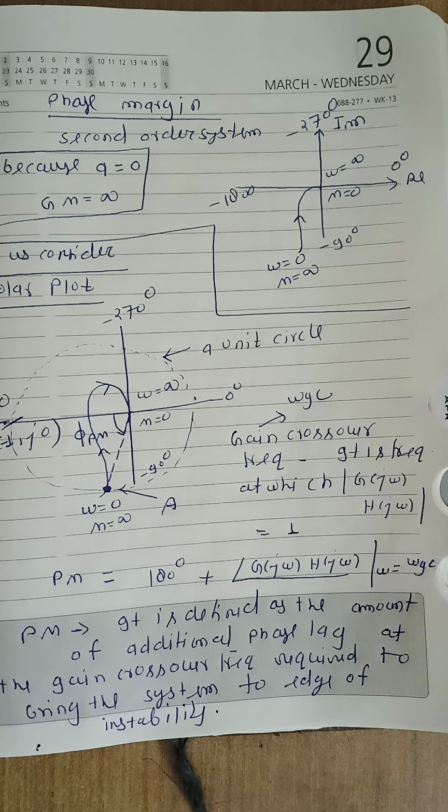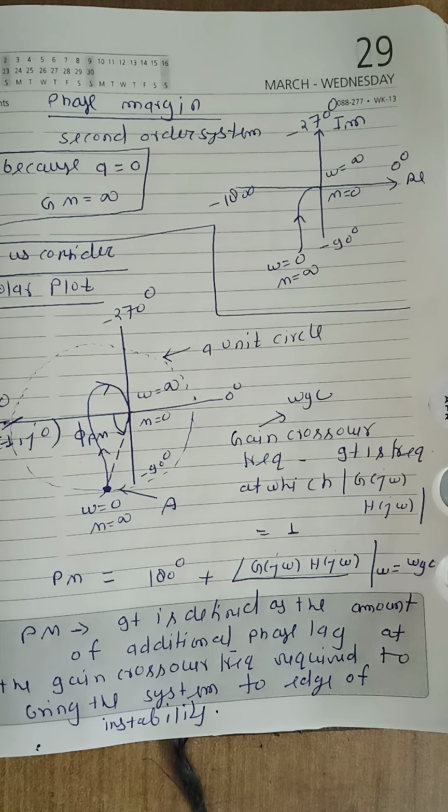So this is about gain margin and phase margin. With the help of gain margin and phase margin, we can define stability for the system. So for a stable system, gain margin must be positive and phase margin also must be positive.